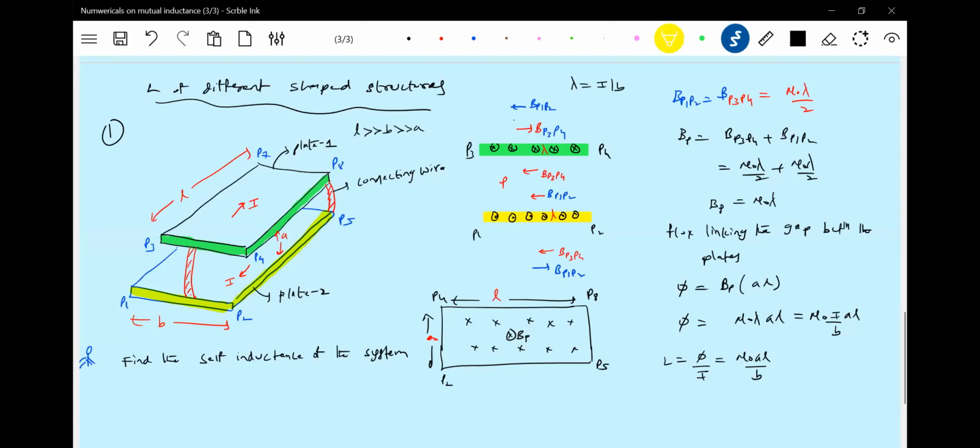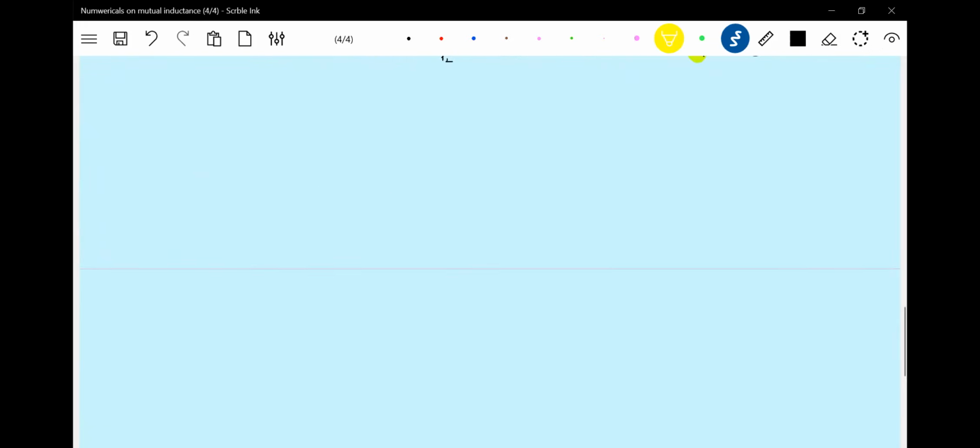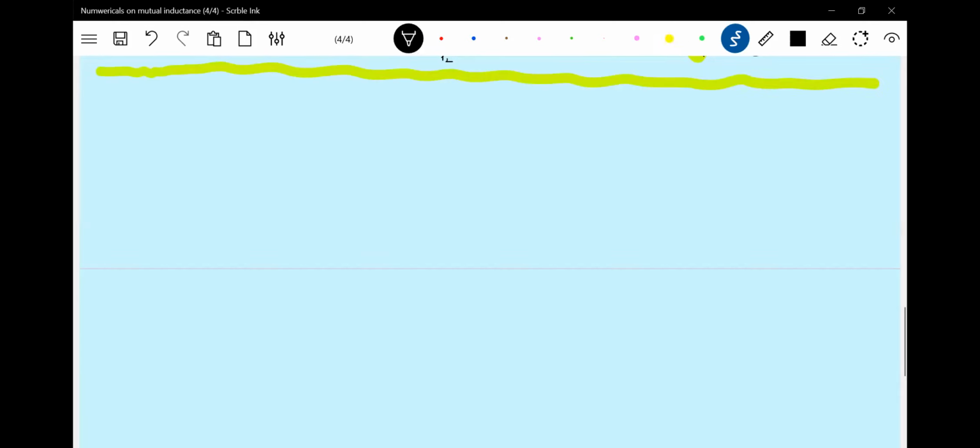What does the basic definition say? Flux linking the coil to the current in the coil is self-inductance. Calculating the flux is the biggest headache. Now we'll calculate the self-inductance of a ring.